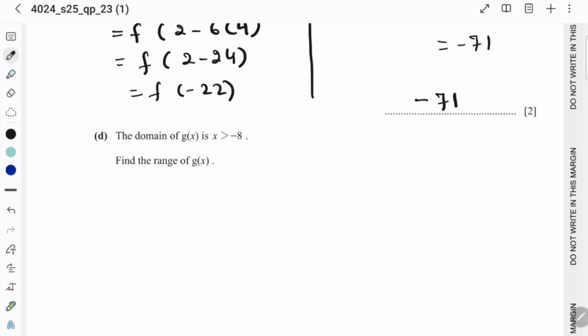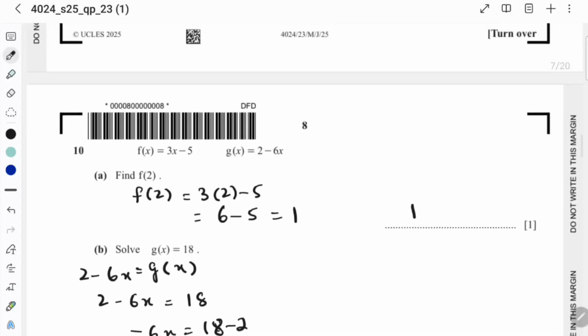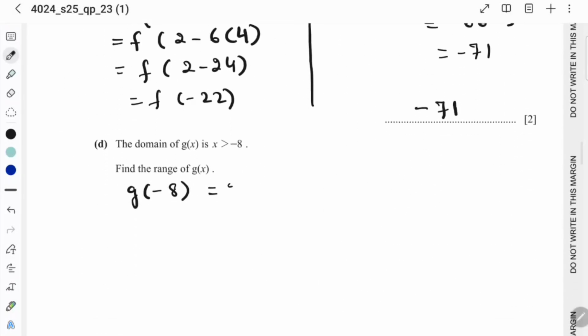If the answer is decreasing, we write less than. So g of minus 8: g of x is equal to 2 minus 6x, so 2 minus 6 times minus 8. 6 eights are 48, so that is equal to 50.